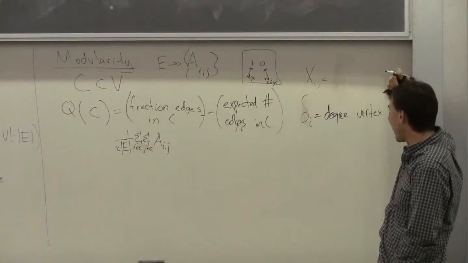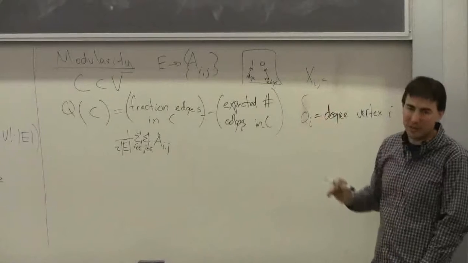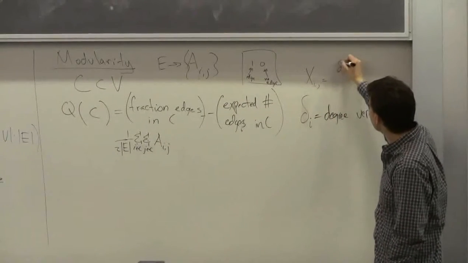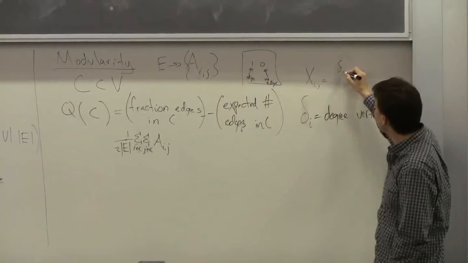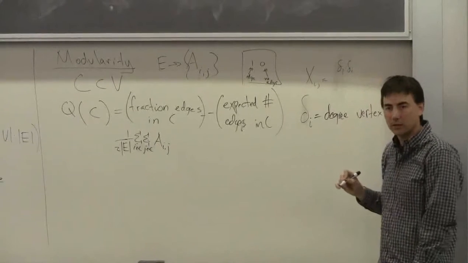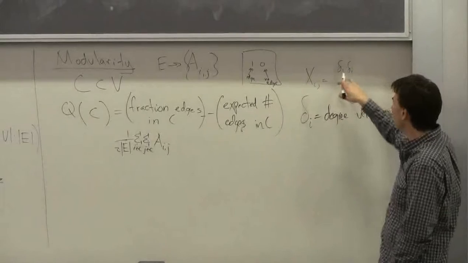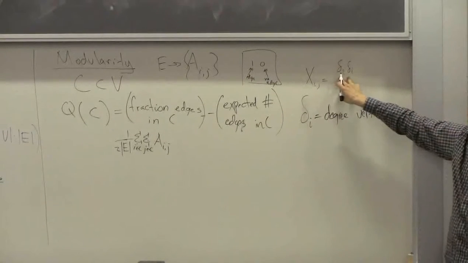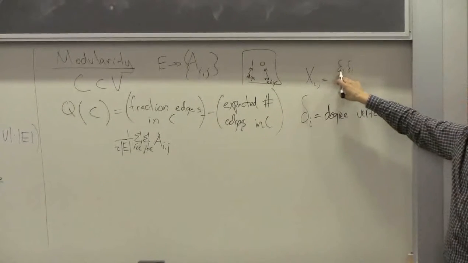I want to treat these independently, so I somehow want to multiply together delta i and delta j. But this is not the right number either. These numbers are both greater than 1.